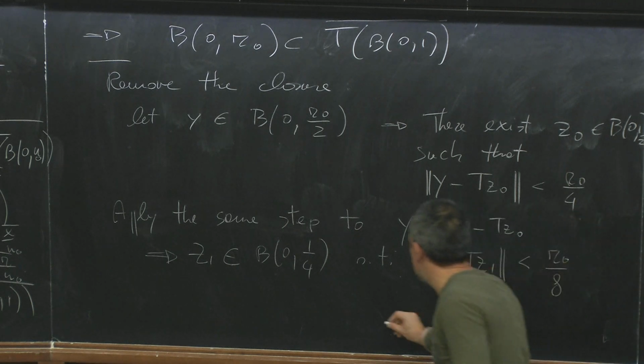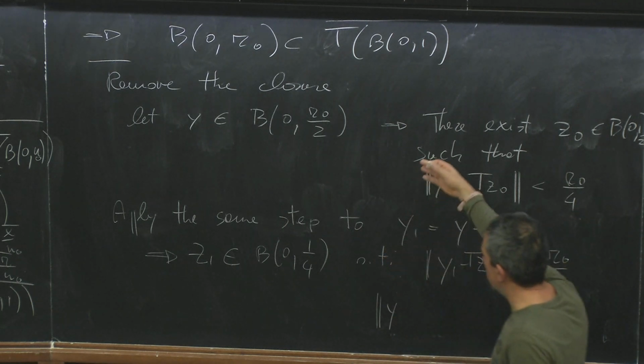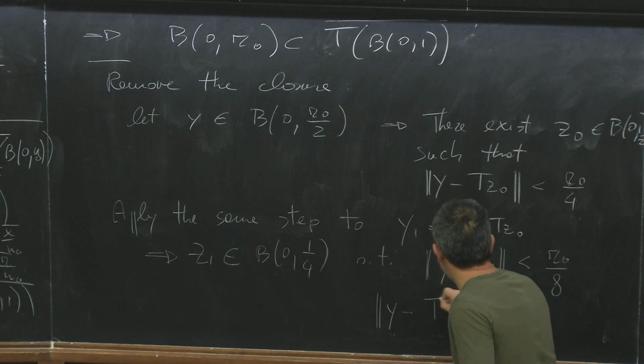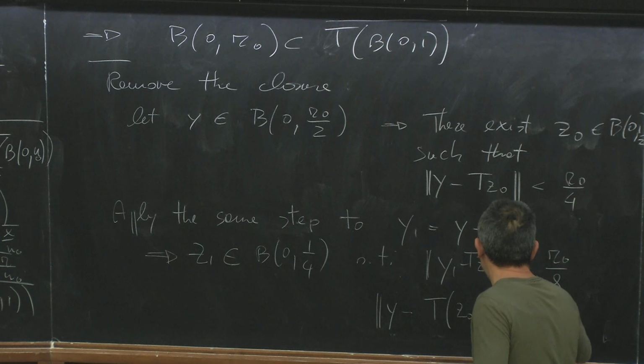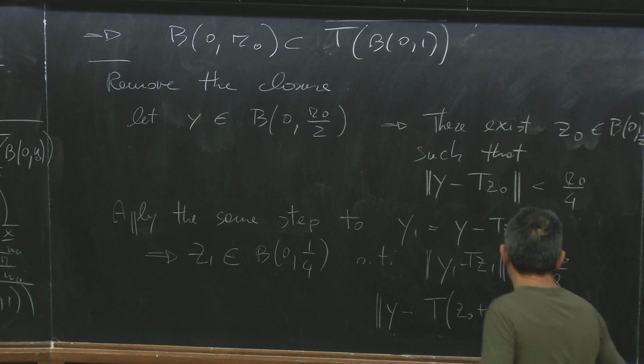This means the norm of the original y minus T(z0 + z1) is less than r0 over 8.